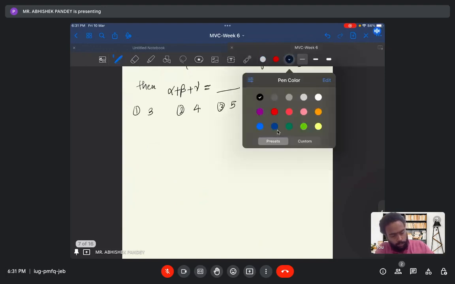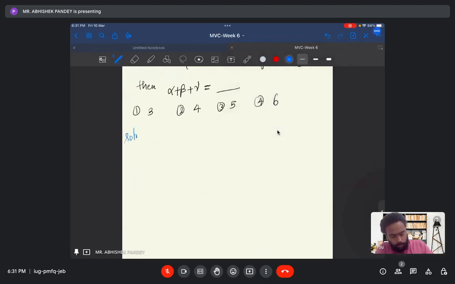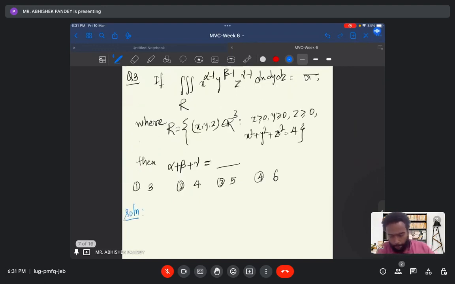So let us look at the solution. In this one also we want to use the Dirichlet integral theorem. For that, if you see here, x square plus y square plus z square equals 4, we can write it as (x by 2) square plus (y by 2) square plus (z by 2) square is equal to 1.